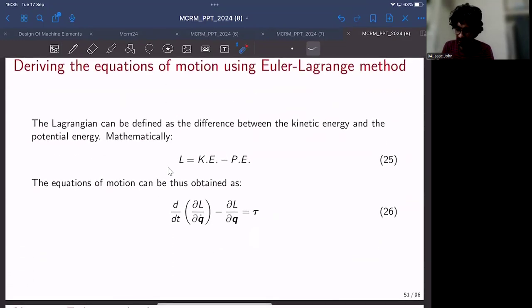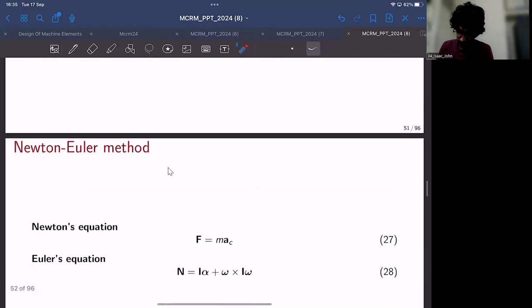And we first covered this Euler-Lagrange scheme, where the Euler-Lagrange equations of motion are obtained by this expression, where this term, the scalar L, is called the Lagrangian, which is nothing but the difference between the total kinetic and total potential energies of the mechanism.